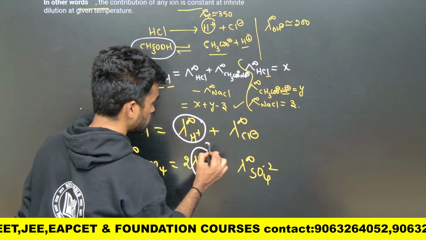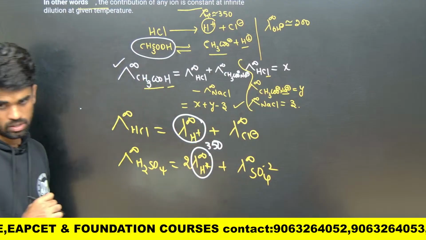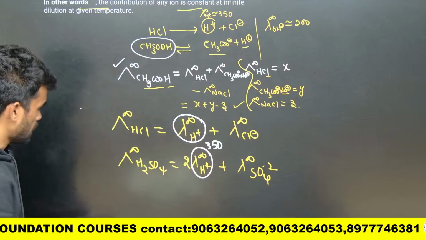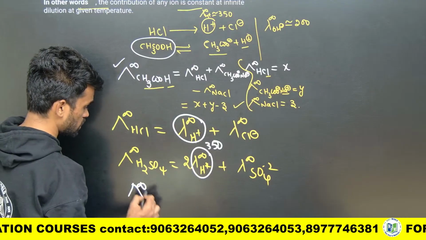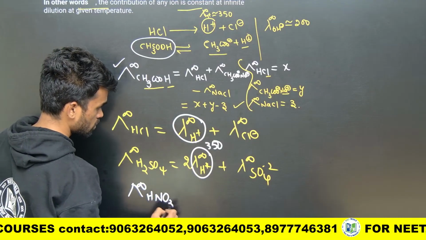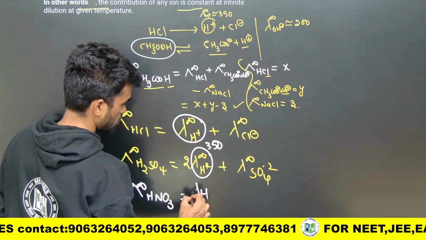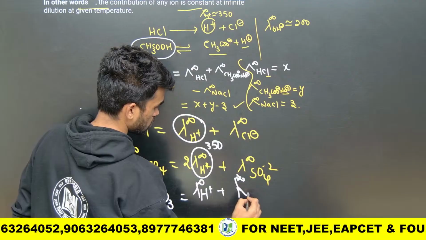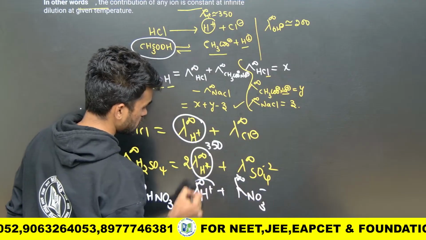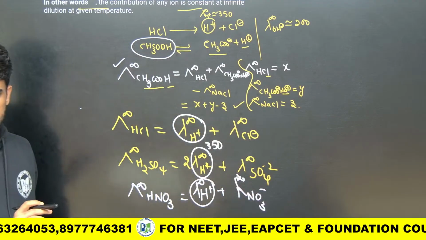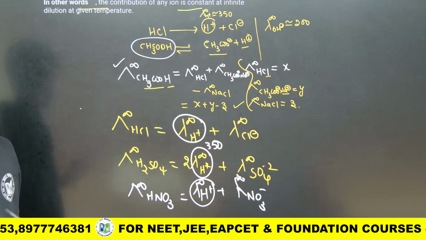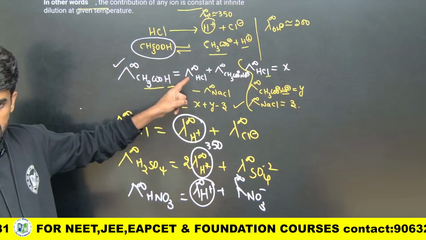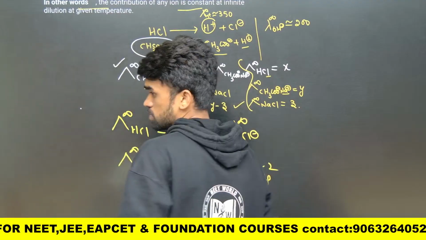What is that value? Around 350.6. So let us take it as 350 like this. Okay, and even if I write HNO3 also, H plus plus NO3 minus. So these values are fixed irrespective of source, at a particular temperature. Okay, hope it is clear. Up to this one also clear, no? Yeah, let us discuss a few more things.